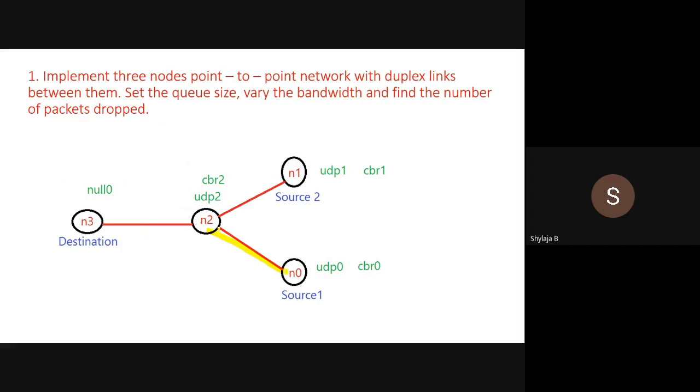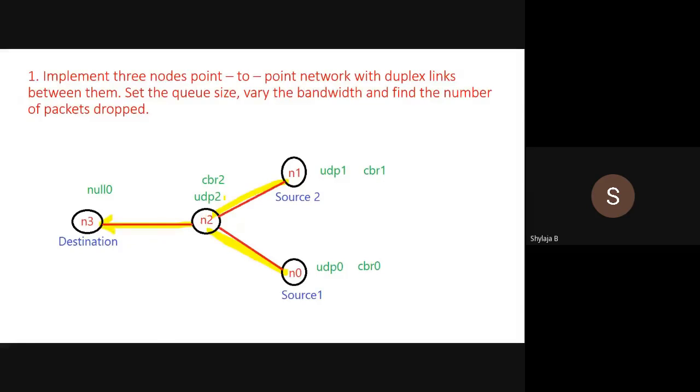That's why we create a duplex link from node 0 to node 2, also from node 1 to node 2, and then from node 2 to node 3. So these three duplex links we will be creating now: n0 to n2, n1 to n2, and n2 to n3.